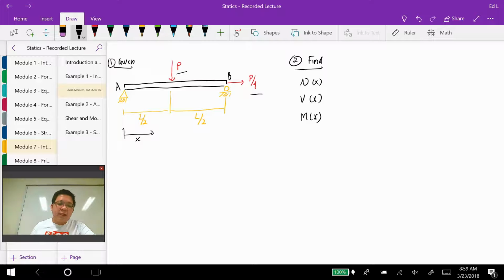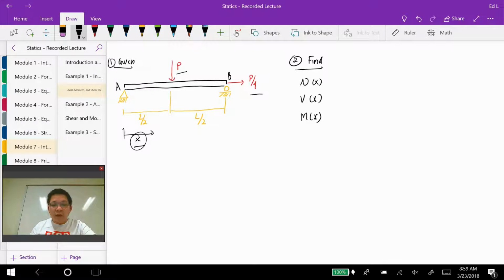In here we take x going from left to right, from A to B. Why do we need to define this x?